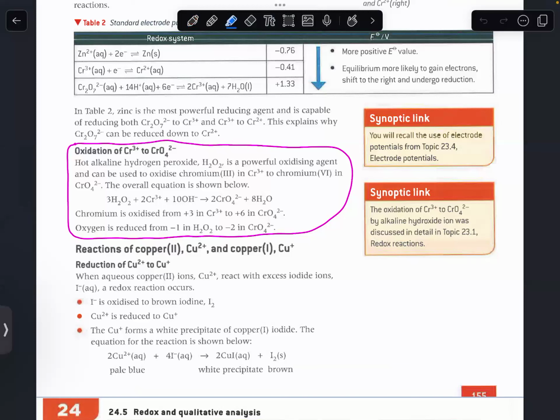Just highlight that. So we need to be aware of this. And does it give you a color here? Okay, it's not giving us the yellow color anyway here.